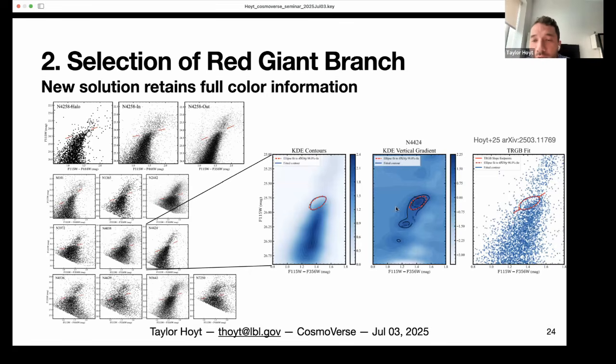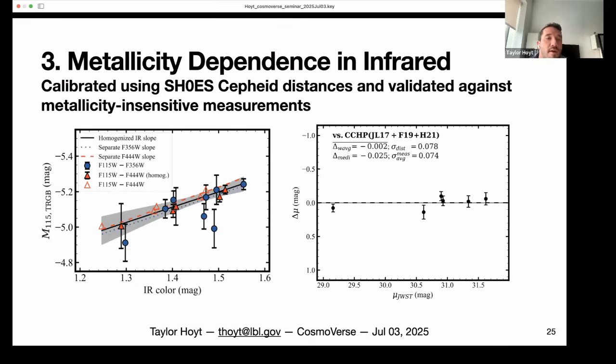The result you can see here, basically the strongest contour, similar to the one-dimensional approach that's done. Basically the strongest discontinuity identified as the tip of the red giant branch. And we see it here plotted back on the scatter plot, where it very nicely agrees with what you would probably pick by eye as the tip of the red giant branch. So no color selection.